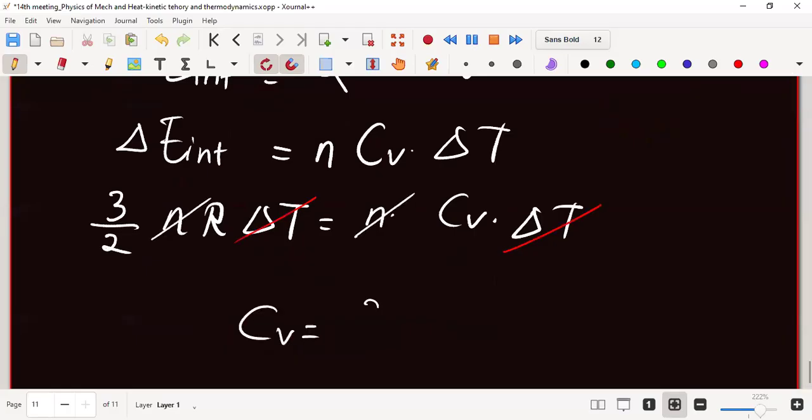Cv is equal to 3/2 R. So we get the value here: the specific heat at constant volume is 12.5 joule per mole Kelvin.